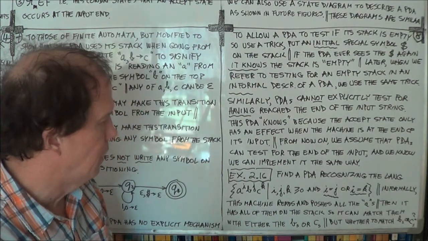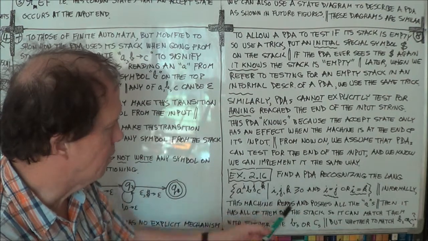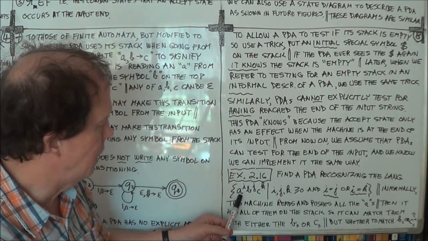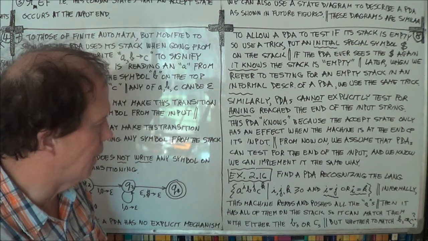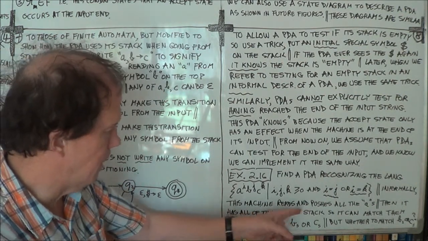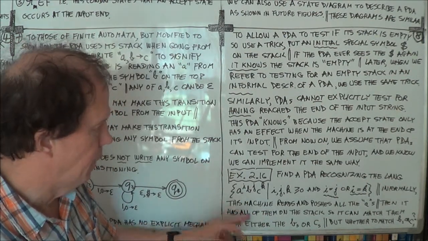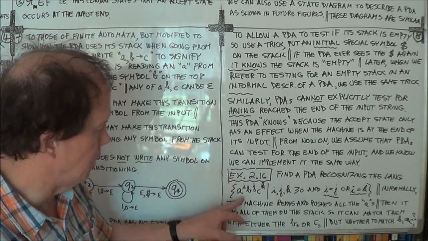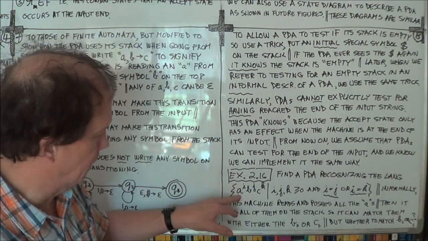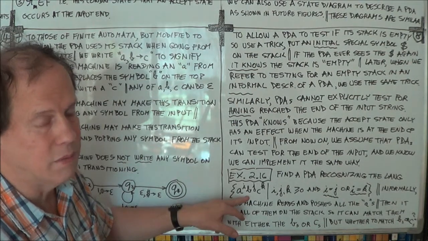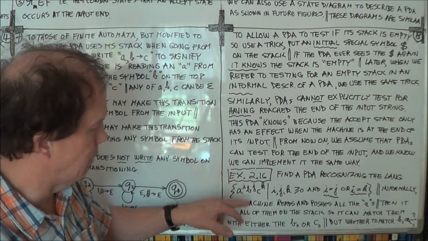So now informally, what's going on? How will this work? Well, it's going to push all the a's onto the stack. And once it's done that, with its infinite memory, it has a memory now of effectively the number of a's that are on the stack.